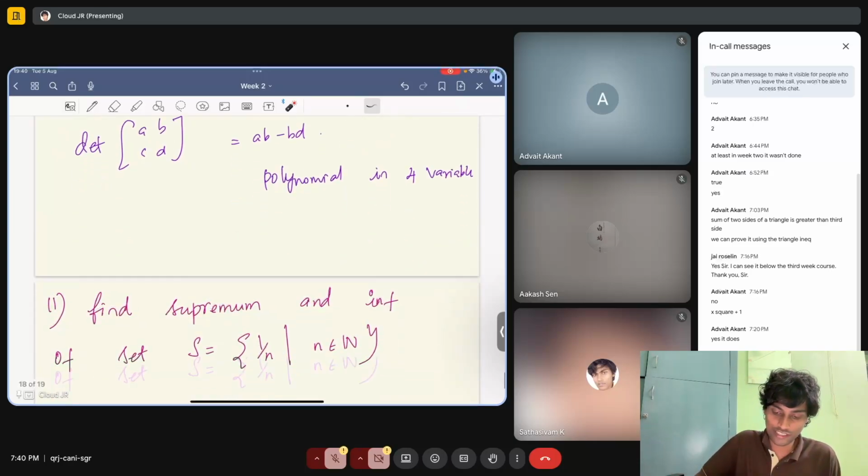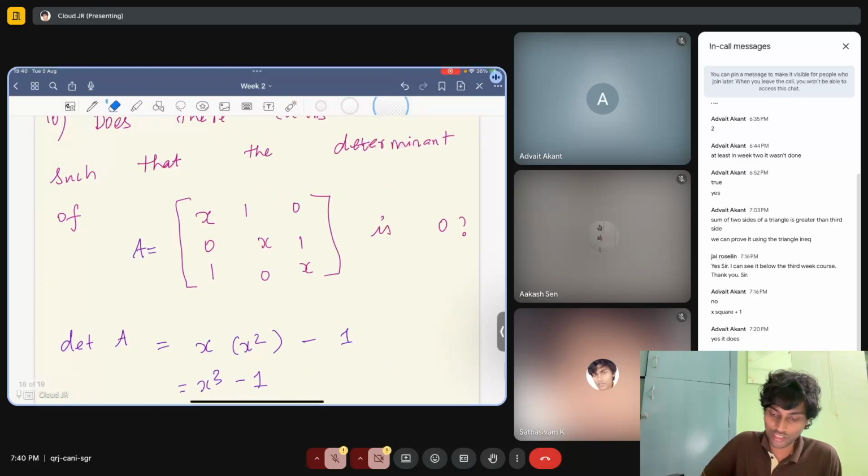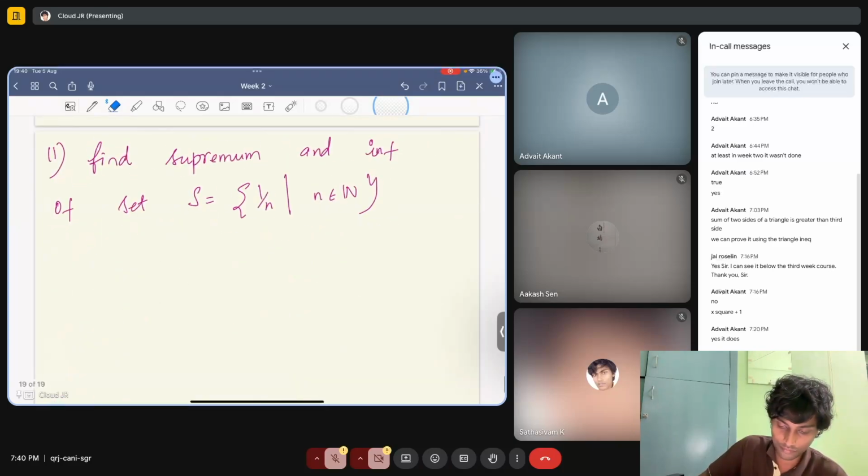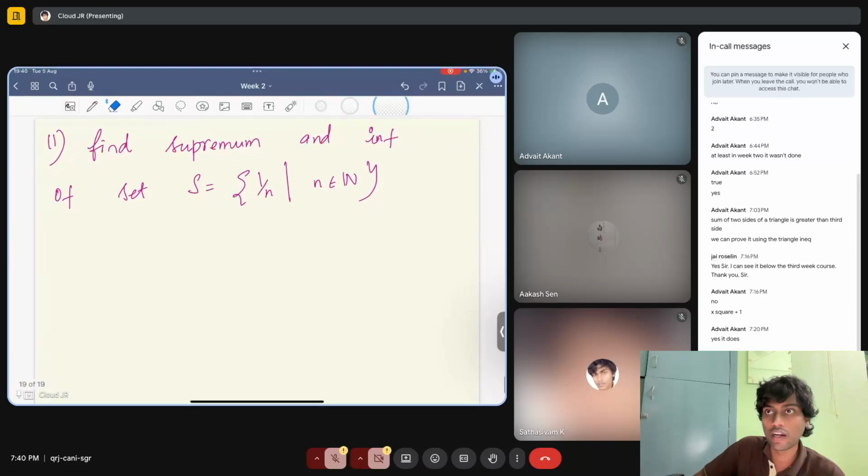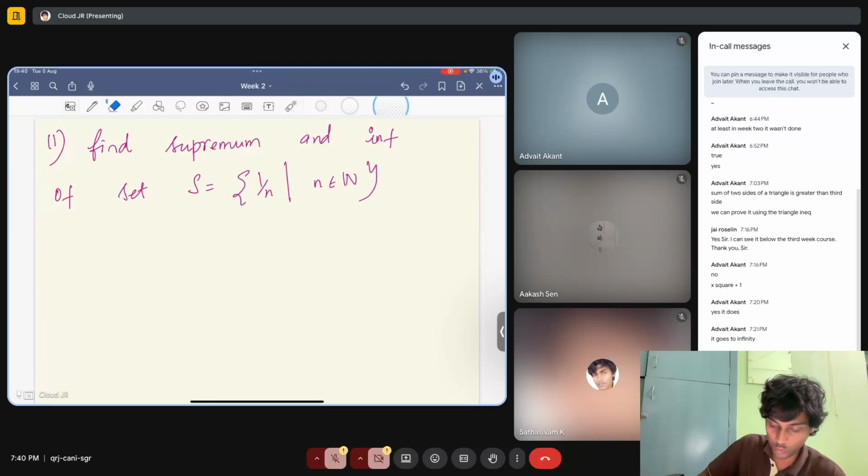So there is something interesting about determinants. It is a polynomial, and polynomials are continuous and differentiable, so you can do some calculus with that. Okay, we will do this problem.